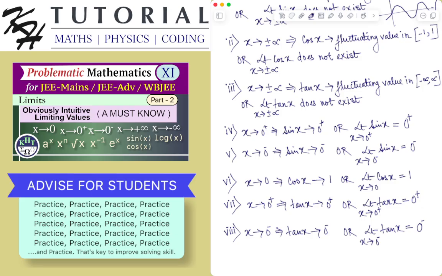So the limiting value of cos x at x tending to 0 is 1. Remember that when we say x tending to 0, it means that x could tend either from the right hand side, that is x tending to 0 positive, or it could be x tending to 0 negative.